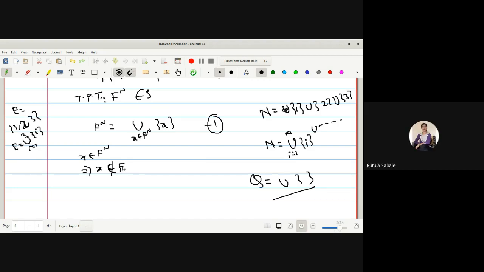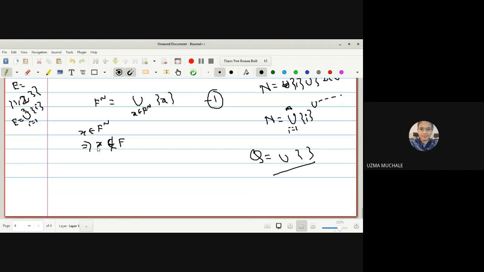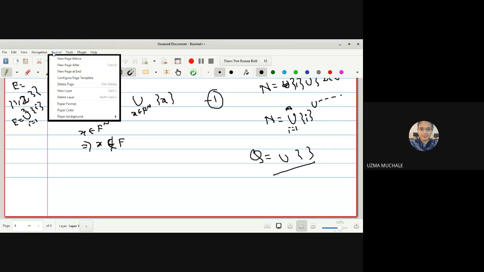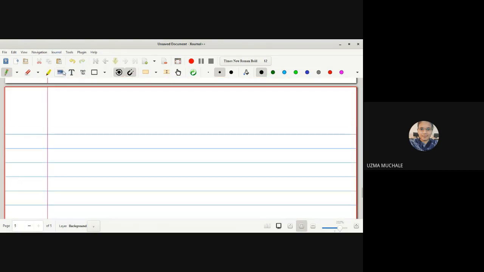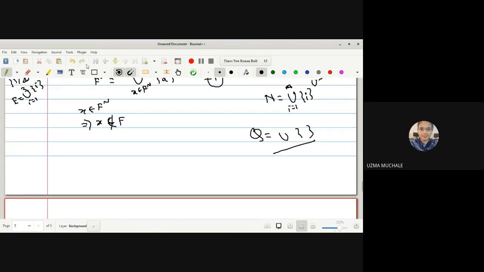Yes, ma'am. Okay. F complement we have written as a union of all singleton X, where X is a member of F complement. So I can now write X is a member of F complement. So if X is a member of F complement, obviously it is not a member of a F, right? So F is a closed set which does not contain the point X.